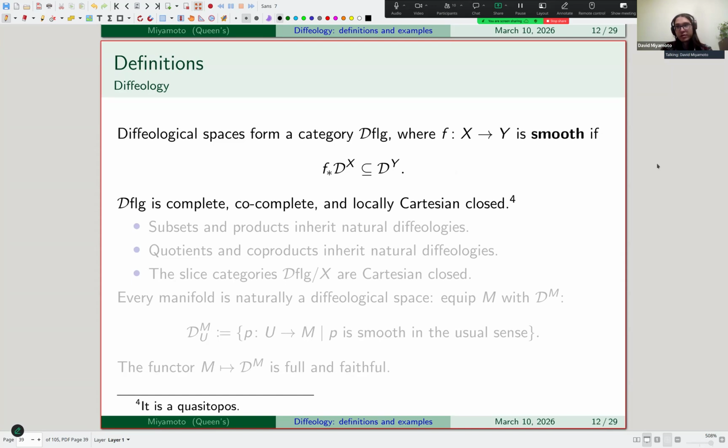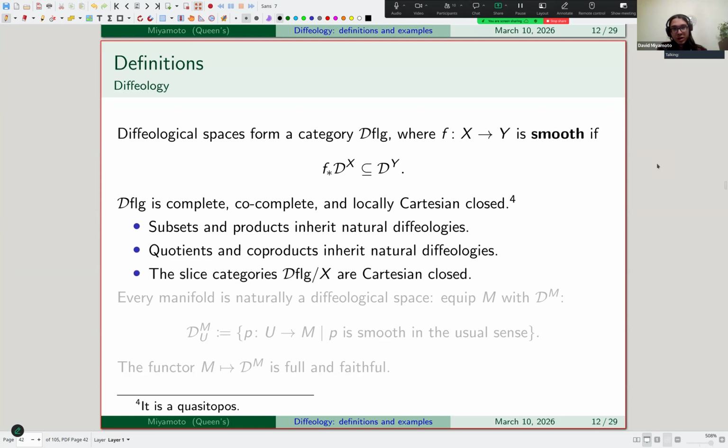Now, this is the big point to consider: it's a complete, co-complete, and locally Cartesian closed category. In other words, it's a quasi-topos. If those words are meaningless, then specifically what we get is that every subset and every product of a diffeological space inherits a natural diffeology. Quotients and coproducts inherit natural diffeologies, and the slice categories are Cartesian closed.